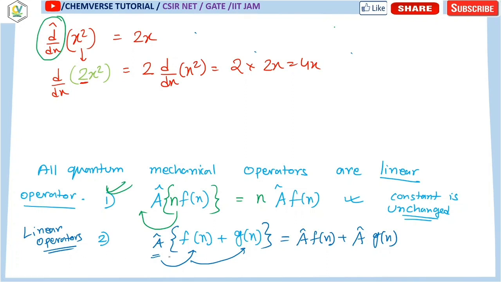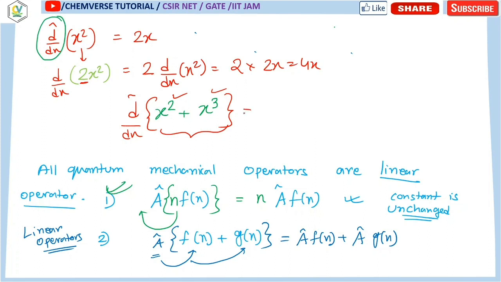Now let's see whether it satisfies the second condition also or not. Suppose I am taking another function which is basically x square plus x cube. Now the operator d/dx is operating over this. This is overall a new function which is a combination of two functions. One function is x square, another one is x cube.